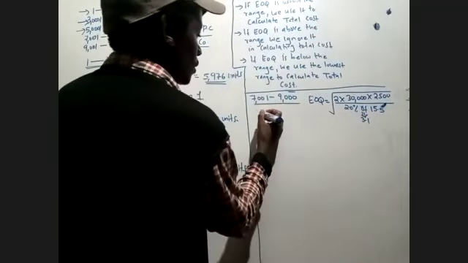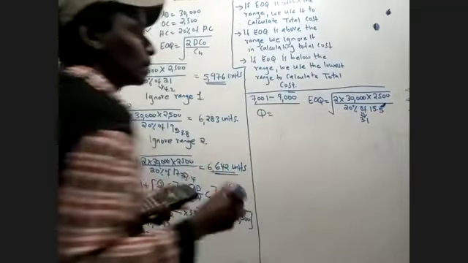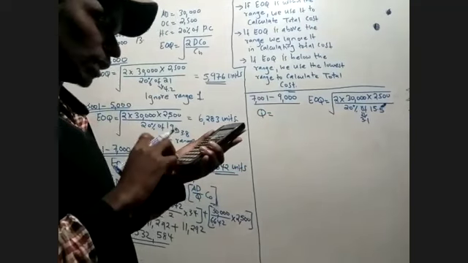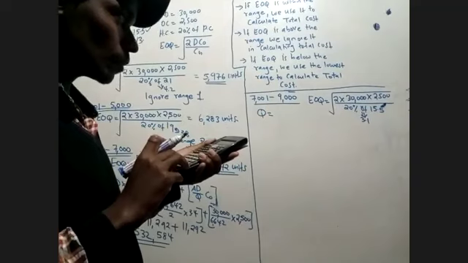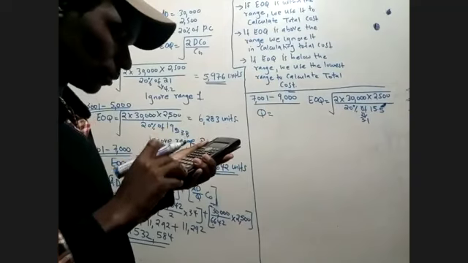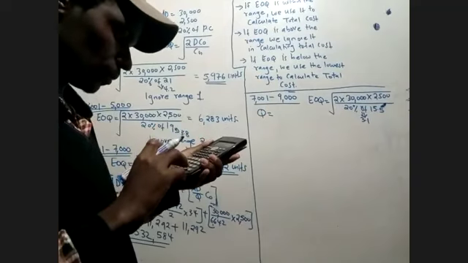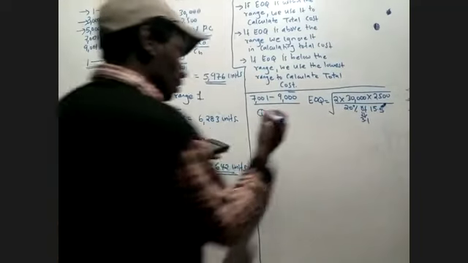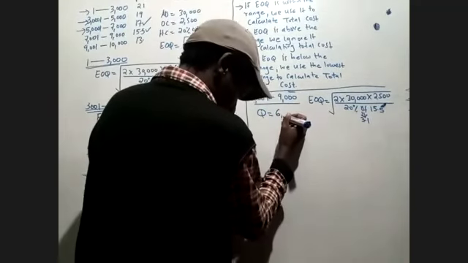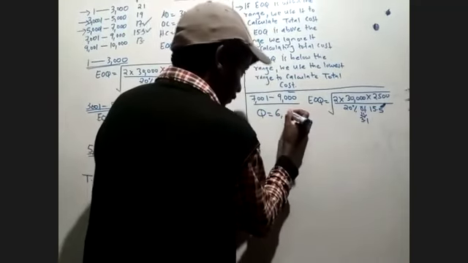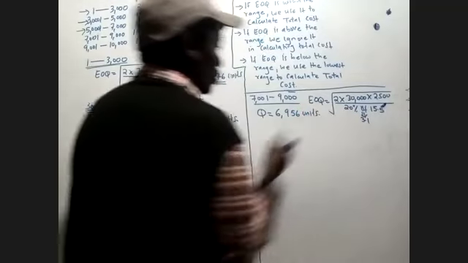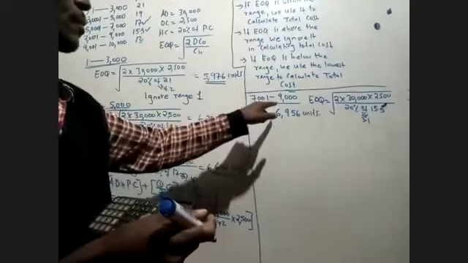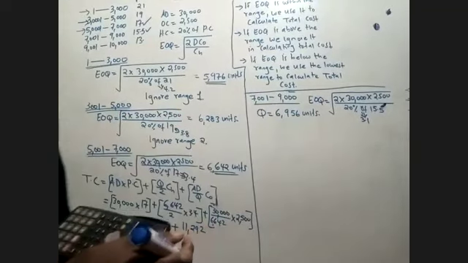Let us see our Q: 2 times 30,000 times 2,500 divided by 3.1, then the square root of the answer. I get 6,956 units. Now, is it within the range? Yes, it is within the range.